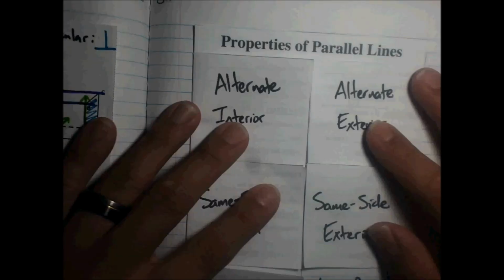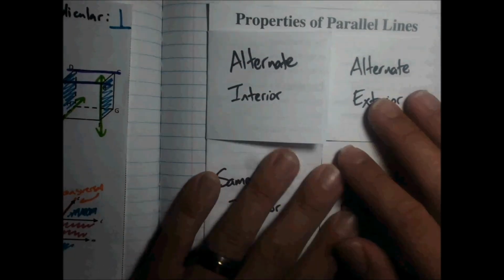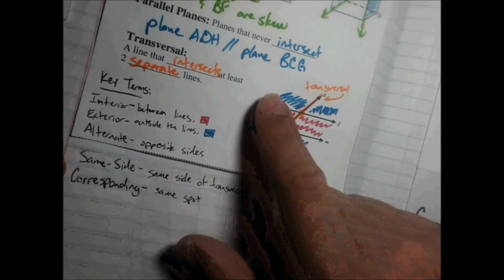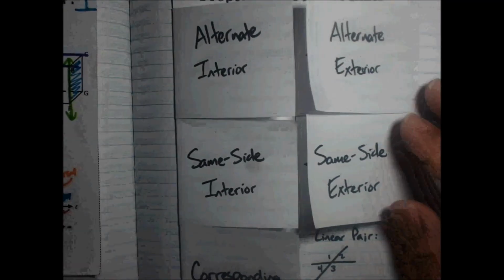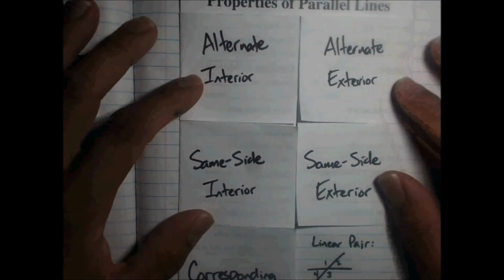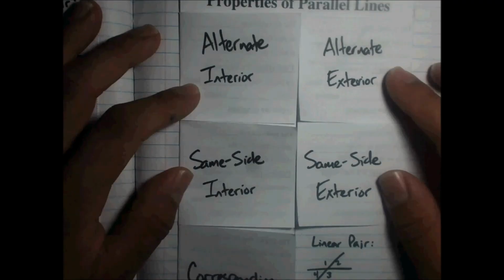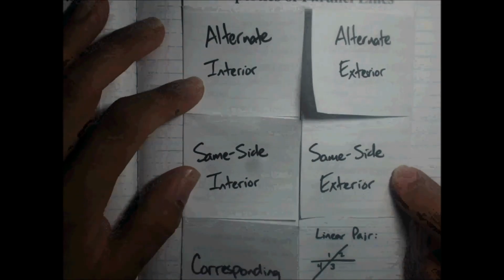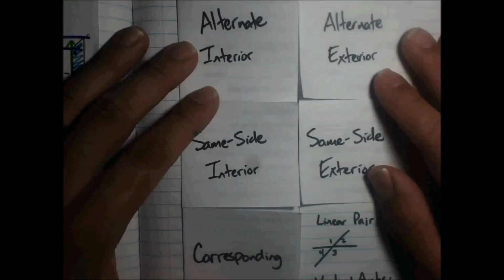Okay. So we have alternate interior, alternate exterior, same side interior, same side exterior, and corresponding. So let's take a look to see what they all mean, what they all actually do.